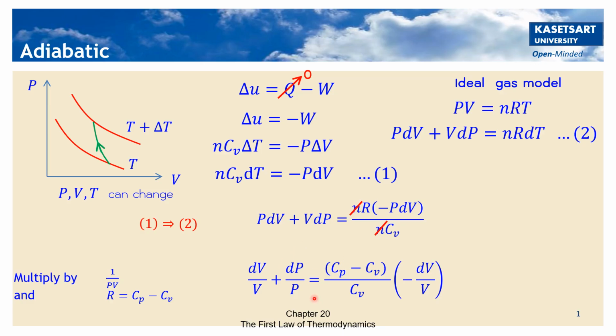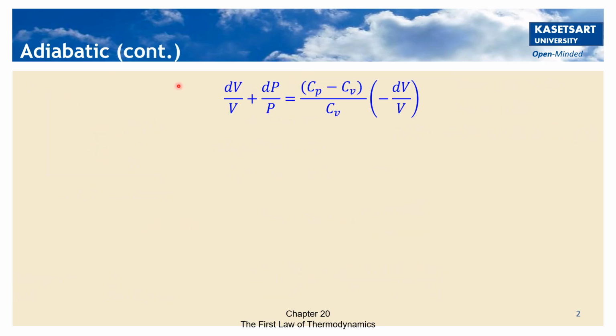Then you have this relation: dV by V plus dP by P equal to (Cp minus Cv) over Cv times minus dV over V. From the last slide, we have this relation.